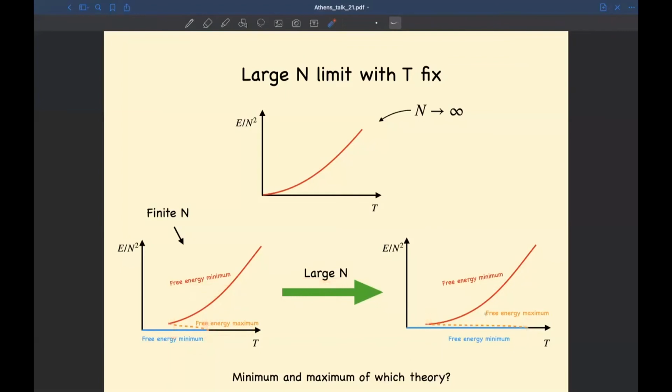But before I discuss this problem, I mentioned energy minimum and maximum, and I want to show now which minimum and maximum belongs to which theory. This is a little bit the non-trivial part of the whole construction.